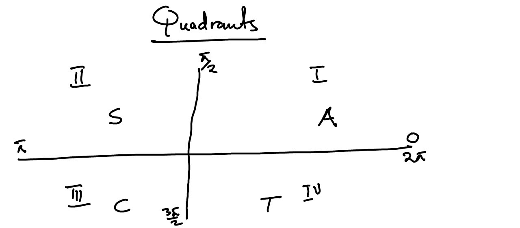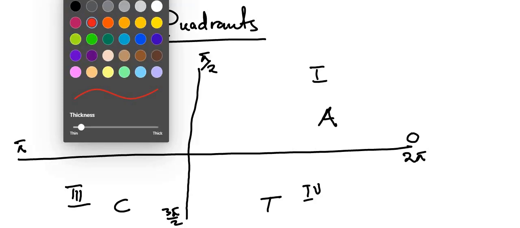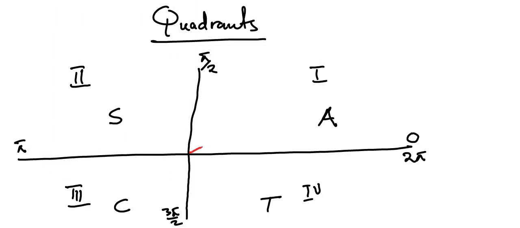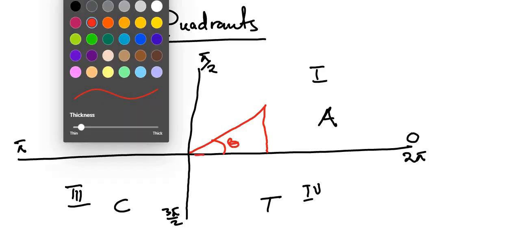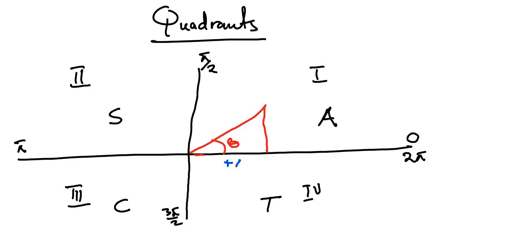So in case you're wondering what we mean by sine being positive and cos being negative, I'm going to draw triangles in each quadrant that is going to explain that. In the first quadrant, if I put a triangle here and say theta, you notice that the x component, if I may use that language from your physics, is positive. You see that?